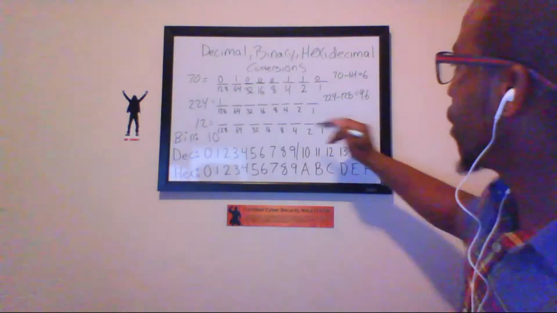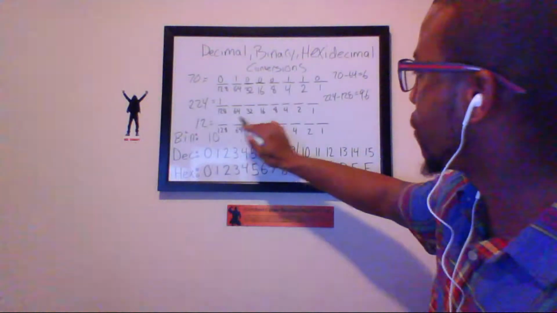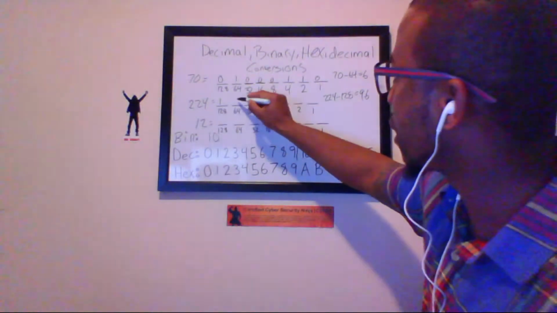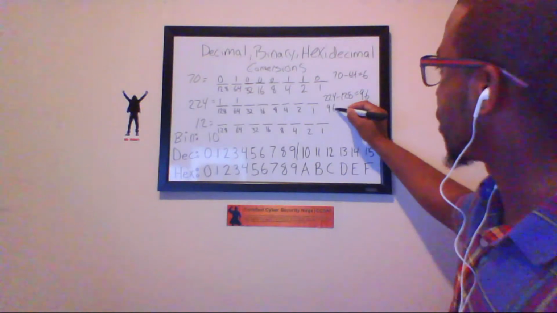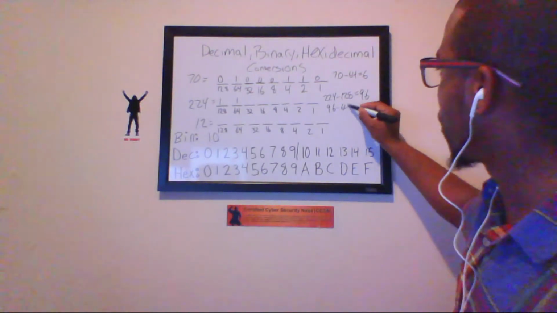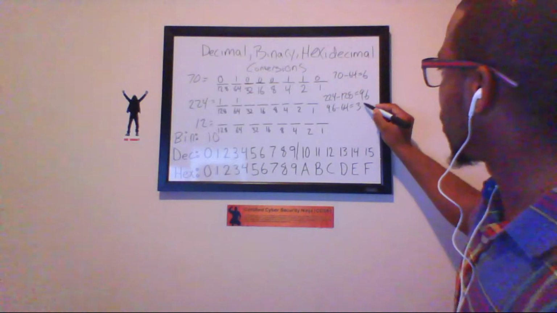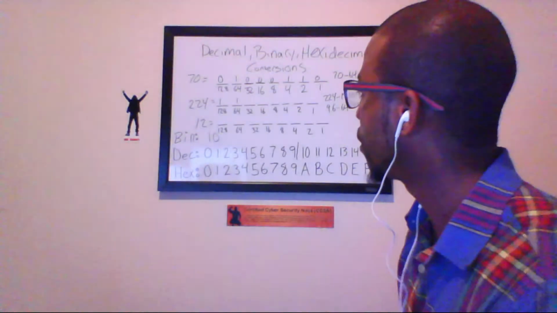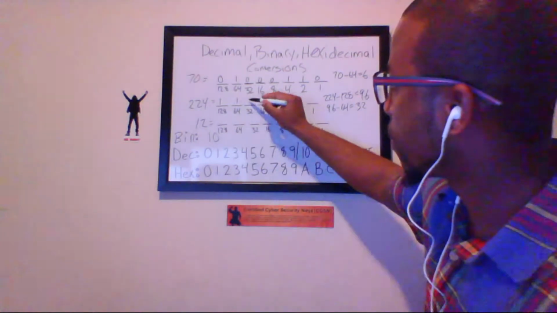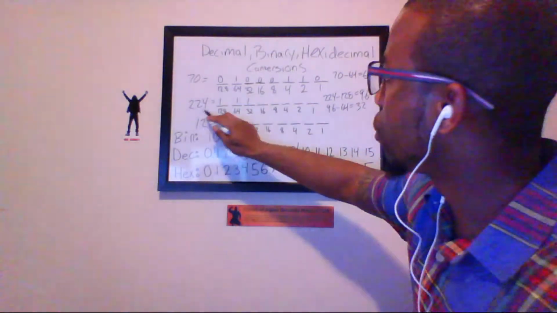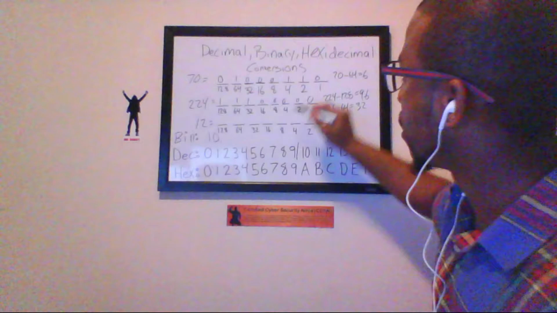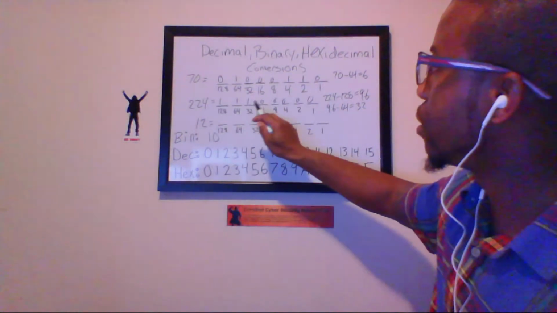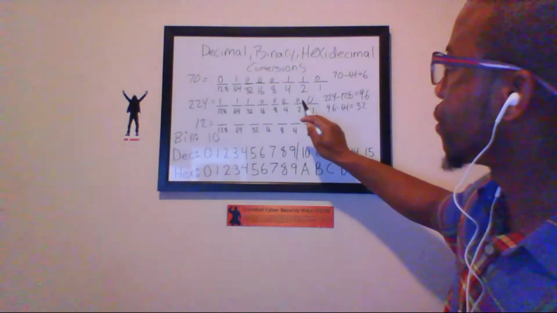So from here, with 96, this 64 can fit into 96. So we're going to take this value too and do another subtraction. 96 minus 64 equals 32, right? 32 is the next value. 224 in binary is 1110 0000.